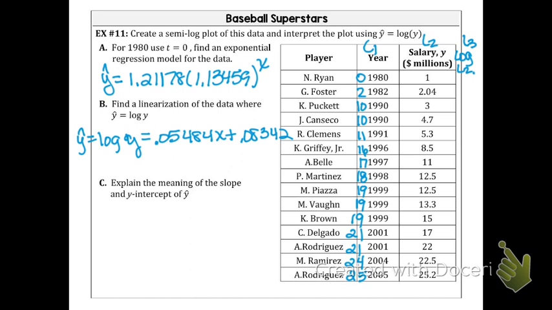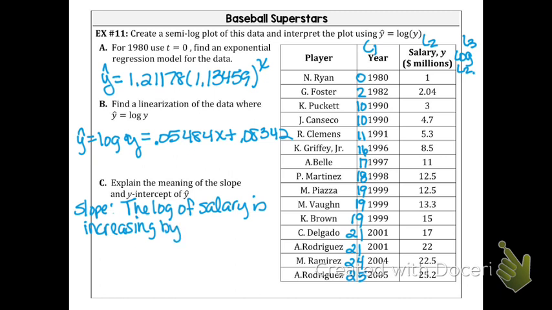C says explain the meaning of the slope and the y-intercept. So the slope is the log of salary. My slope is positive, so it's increasing by the number, so 0.05484, and it's in millions of dollars per year.